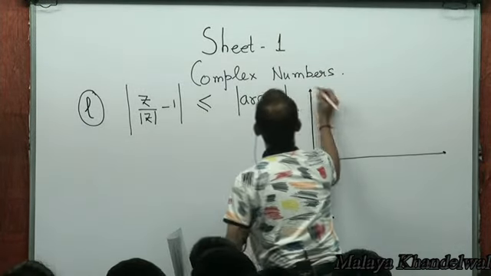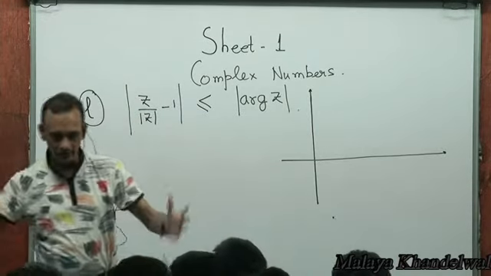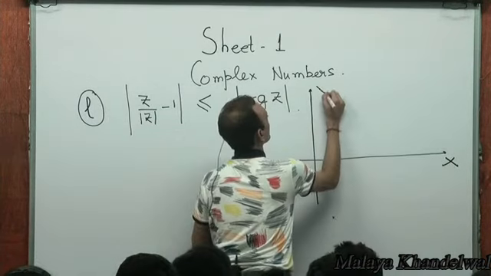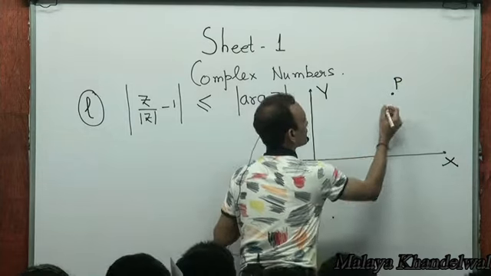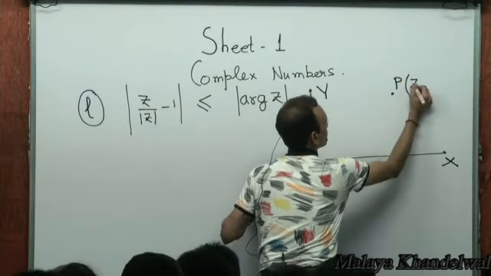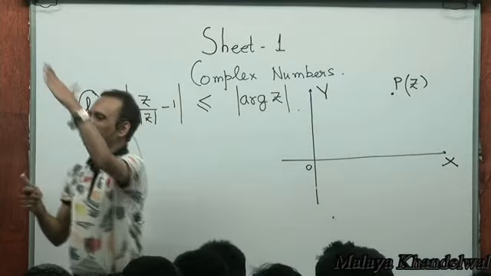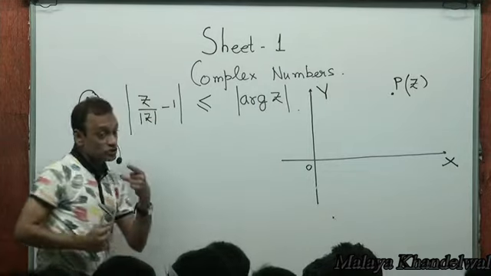First of all, locate a complex number Z anywhere. That means OP would be the vector Z. Now Z by mod Z is what?